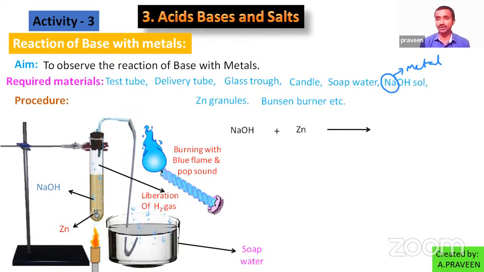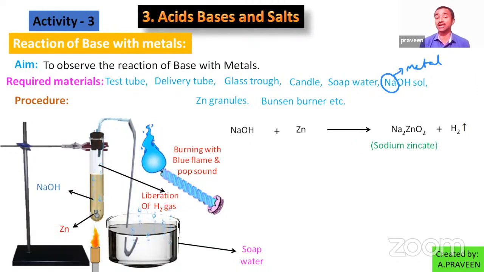That is one of the products, because its behavior is completely different from the original substance, NaOH liquid, so it is taken as a new product. That is sodium zincate, Na2ZnO2, and the gas observed is hydrogen. So these are the products: sodium zincate and hydrogen gas.